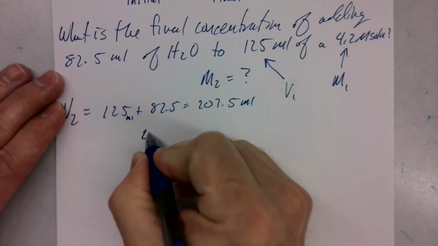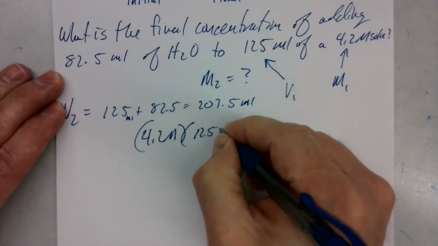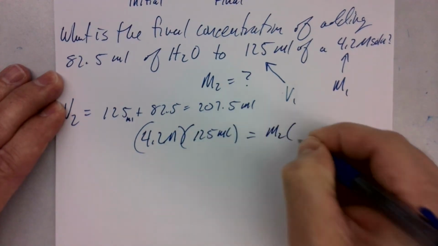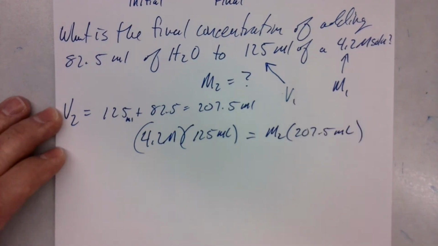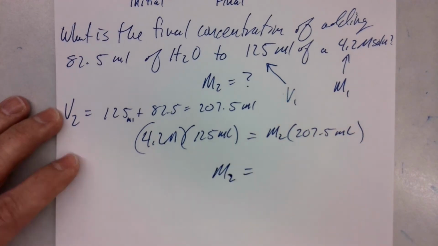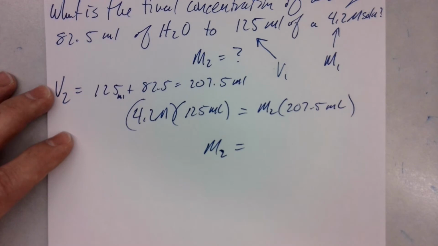So now I can set up my equation. 4.2 molar times 125 milliliters is equal to M2 times 207.5 milliliters. Now, M2 is what? Do you not have a calculator in England?